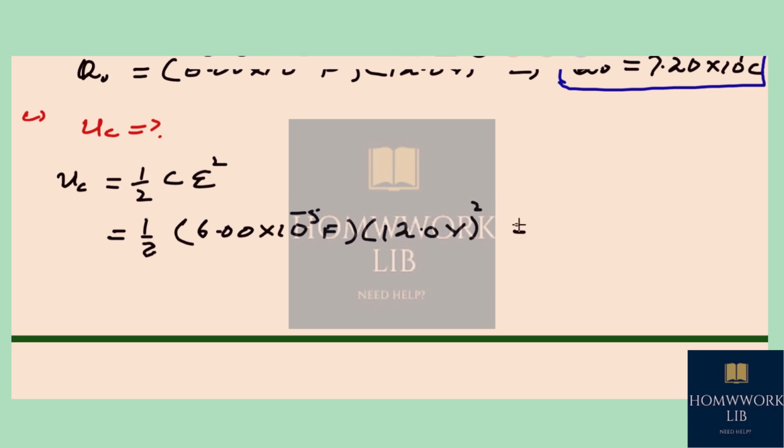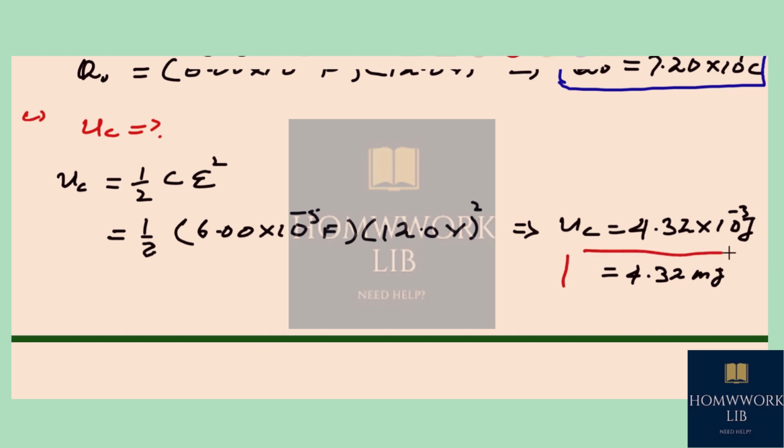So this will give us UC as 4.32 × 10^-3 joule, which can be written as 4.32 millijoule. So this is the energy stored in the capacitor.